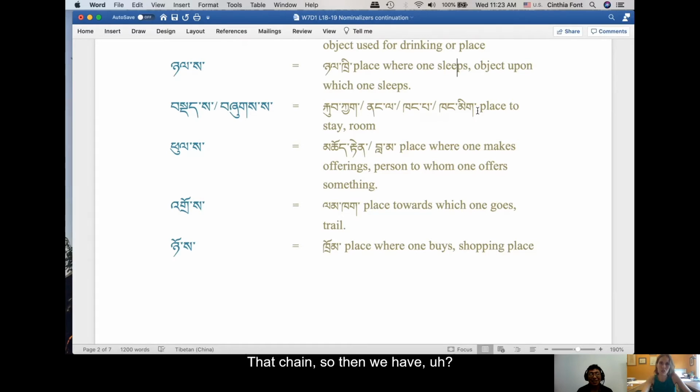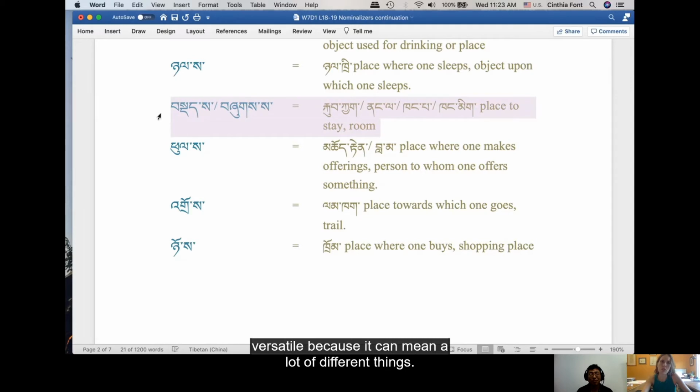Exactly. So then we have the place to stay or a room. This one is really versatile because it can mean a lot of different things. Desa, or shuksa. Shuksa is the honorific.